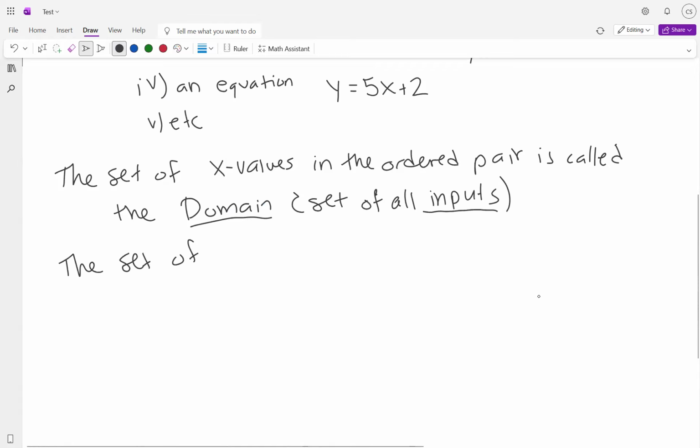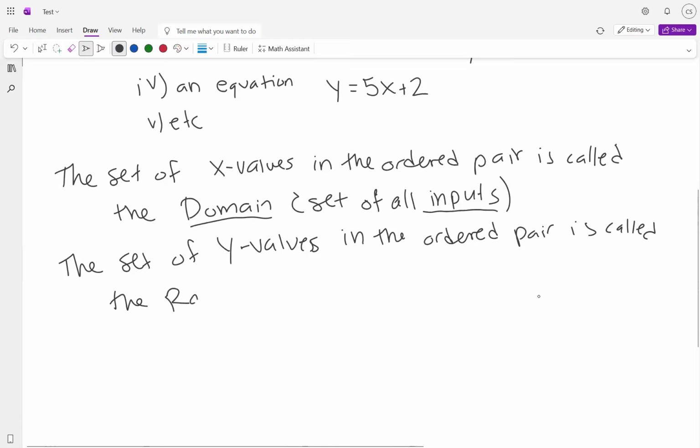The set of y values in the ordered pair is called, sorry, the tablet I'm using is a little strange. The range. All right, so this is the set of all outputs.